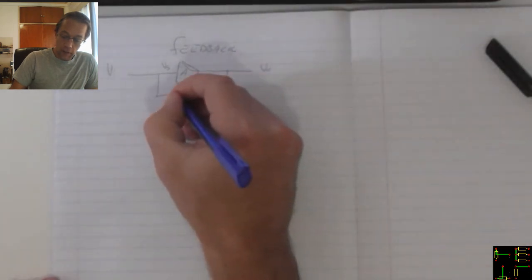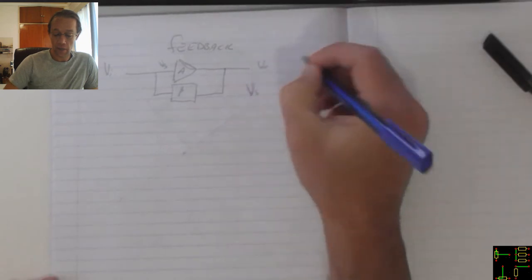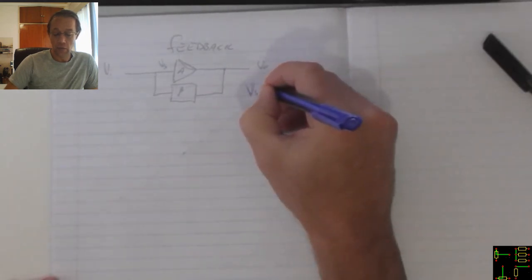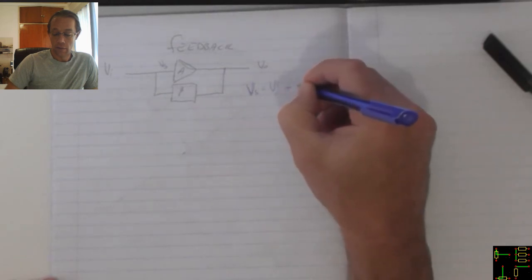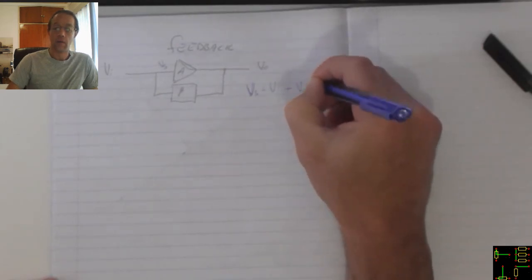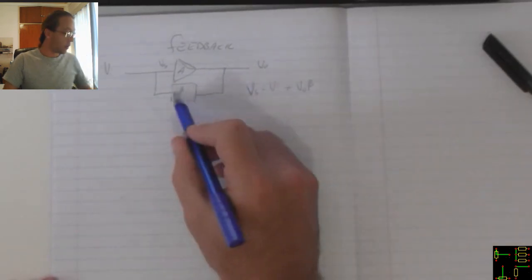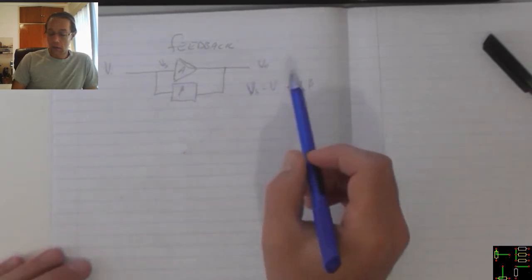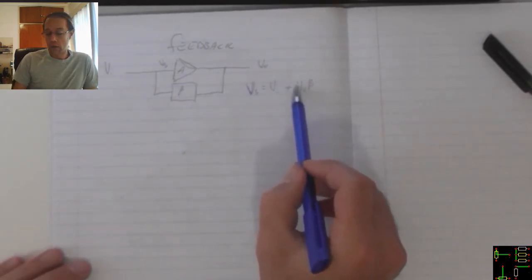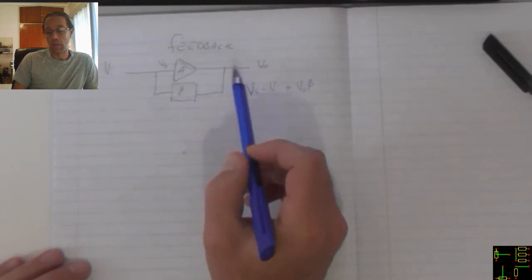Now, Vs, or the signal that is actually being amplified, is equal to the input voltage plus the product of the output and the feedback percentage that we got with the op-amp type circuits. Now, when this ratio is positive, it is called positive feedback.